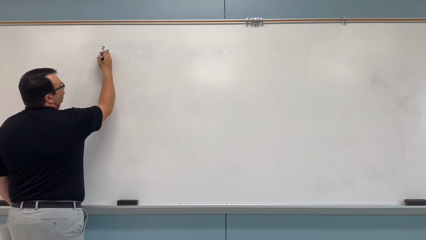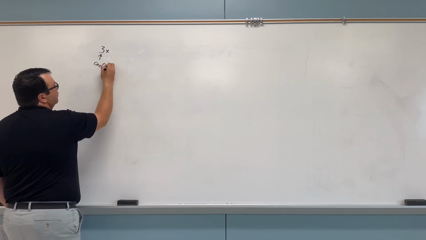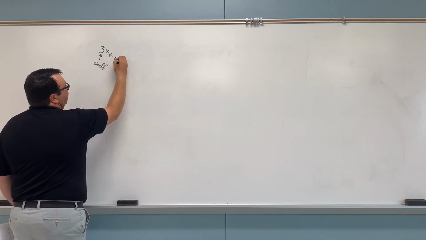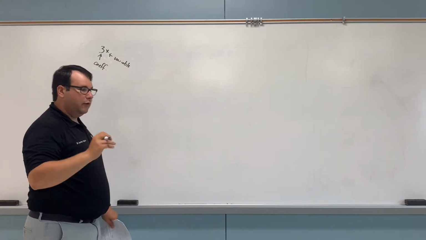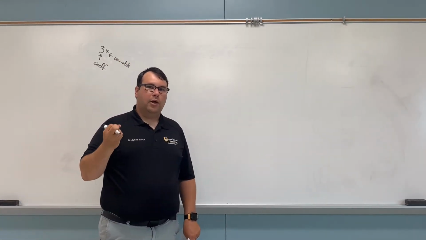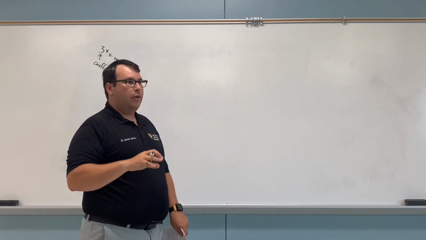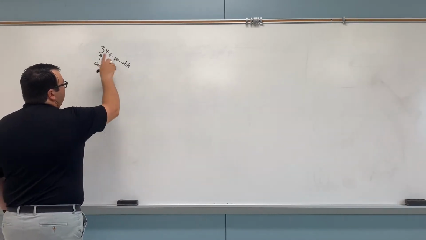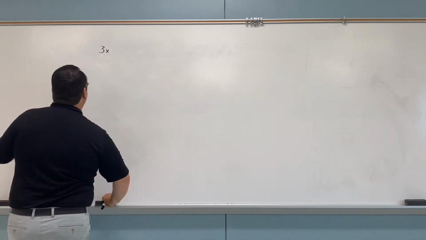In this structure, I see a numerical value. This is our coefficient. And then I see another piece. This is our variable. Whenever you're looking at a term, it is always combined with multiplication or division. As I'm looking at this particular term, I have just the one, it's 3x. That is a monomial term.